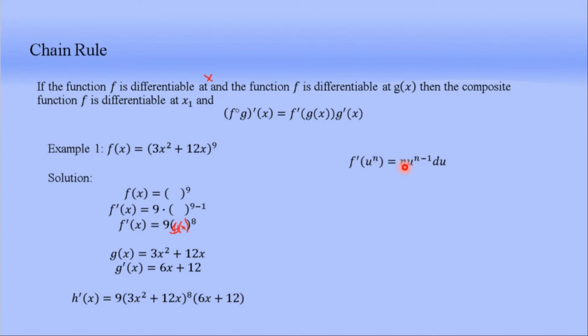There is another formula that you can use for the chain rule in determining the derivative of a composite function, which is the derivative of u raised to n. So the derivative of u to the n power is n times u raised to n minus 1 times du.